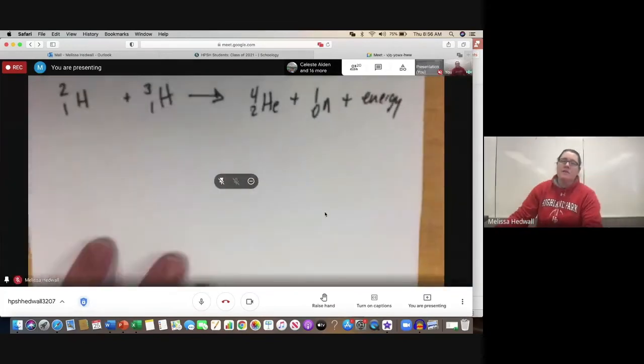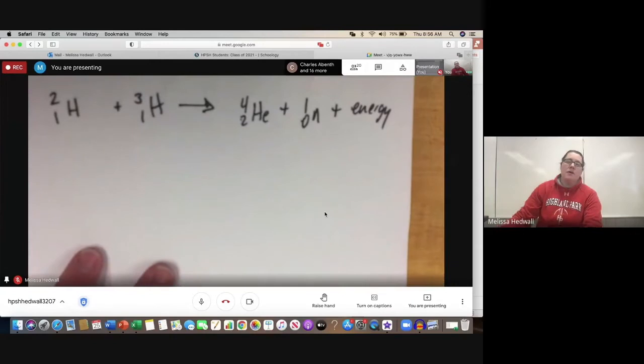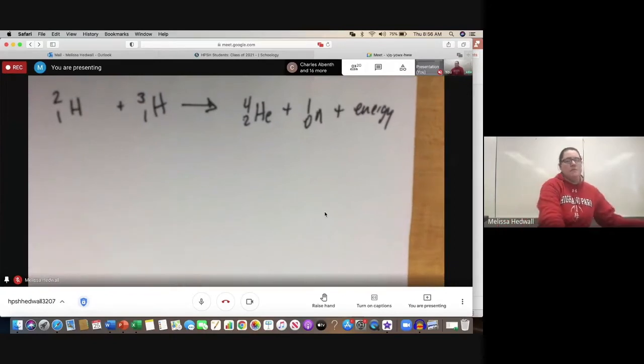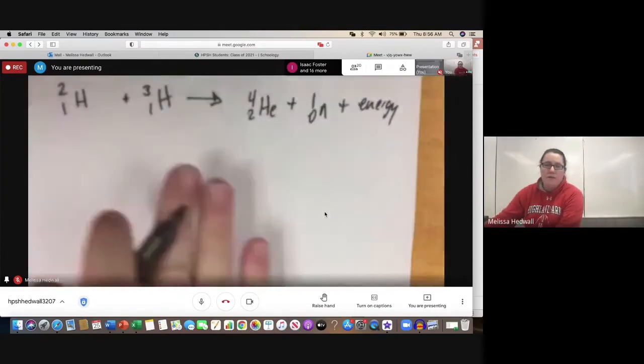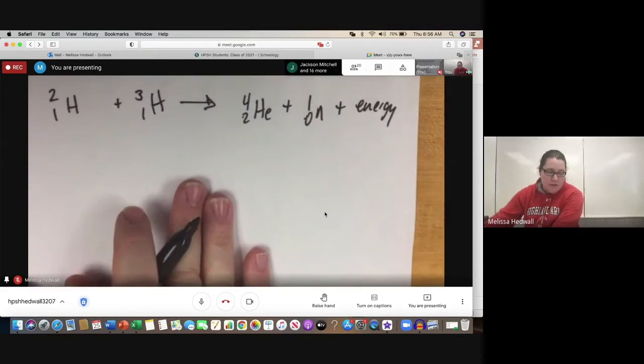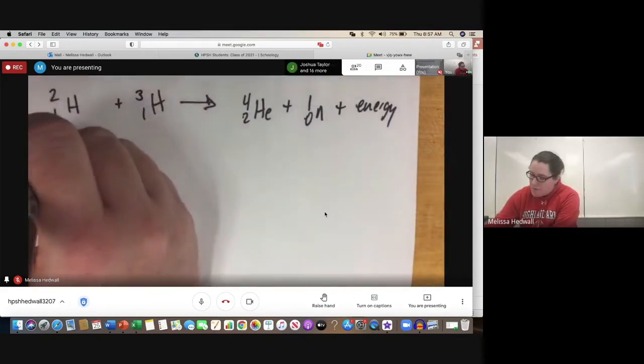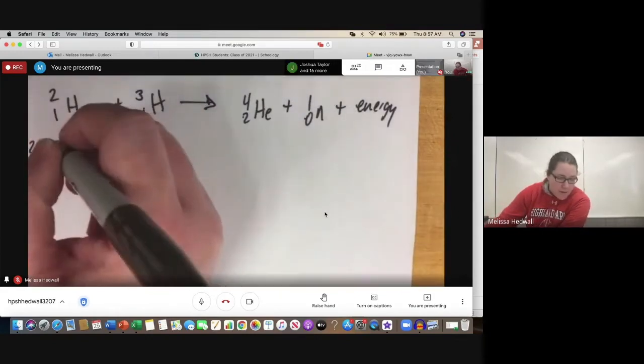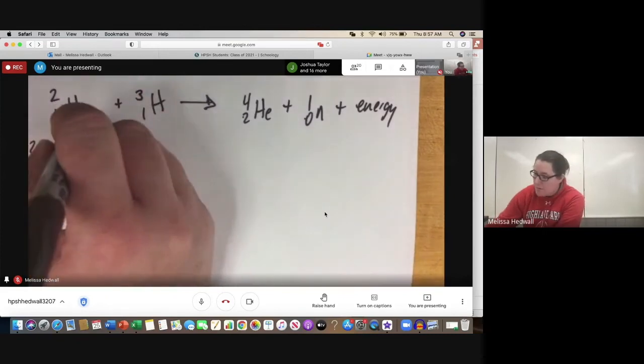And so we have this. We can look at the process that we've used in the other, when we were talking about binding energy. That same process is what's going on here. So we have hydrogen 2, deuterium, and if I take the mass of hydrogen 2, I have 2.014102 units.